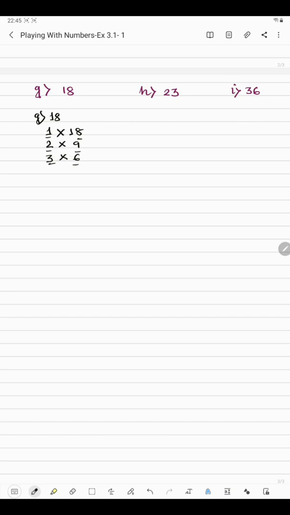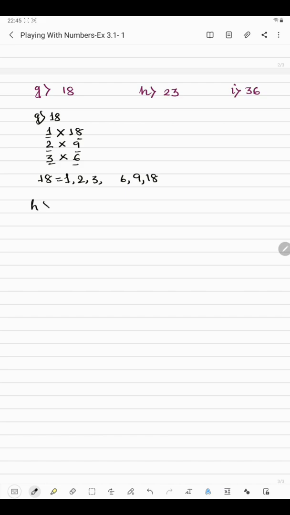After 3, 4 comes. Now 18 cannot be divided by 4. Then 18 cannot be divided by 5, and 6 is already there. 6 3s are 18. So 6 is already there. That means these are the factors of 18. So we will write 1 18s are 18, 2 9s are 18, 3 6s are 18. So these are the factors of 18.